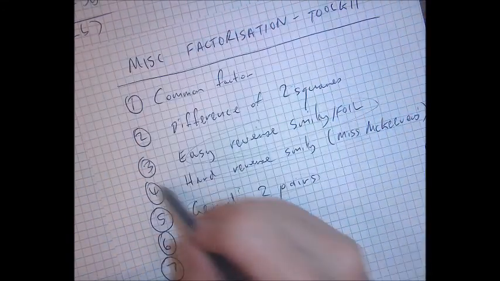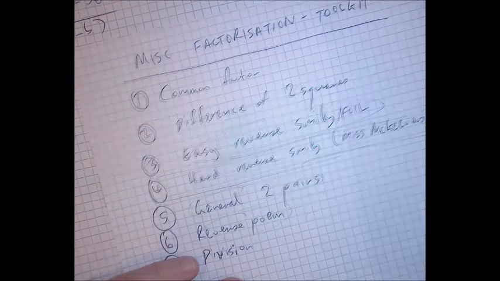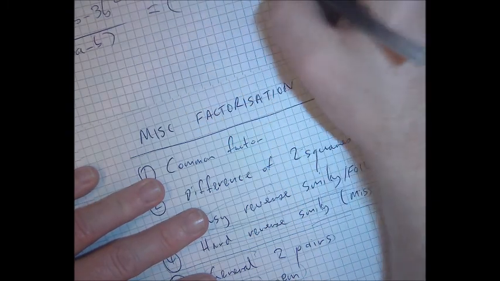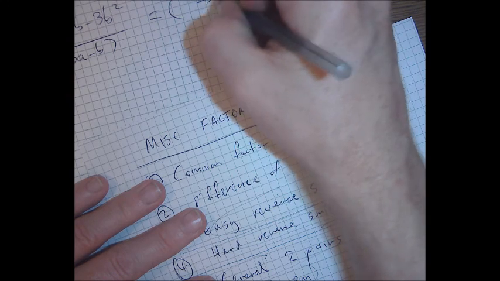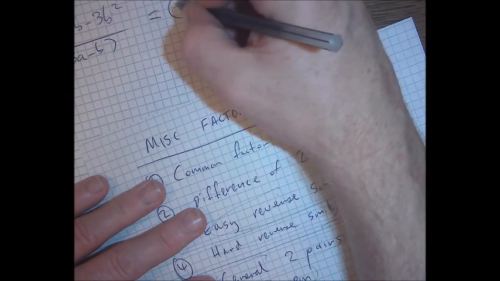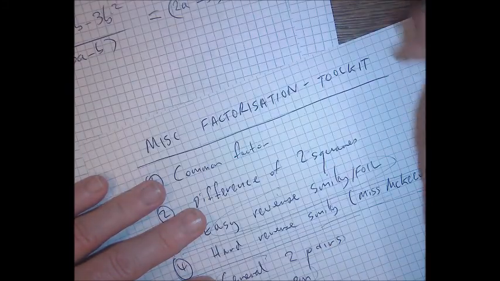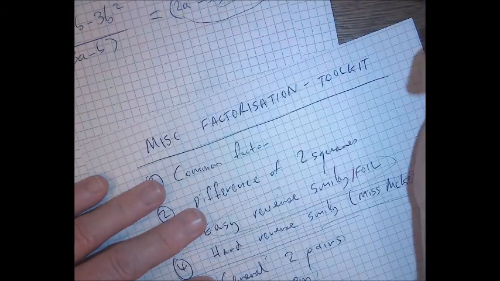So basically this thing that I skipped over here, hard reverse smiley, that has to be it, just by process of elimination. In other words, it had to have come from something like this, where, I don't know, negative 3b and b gives the negative 3b, and maybe 2a and 6a gives the 12a squared, but that times that and that times that does not give 5ab.